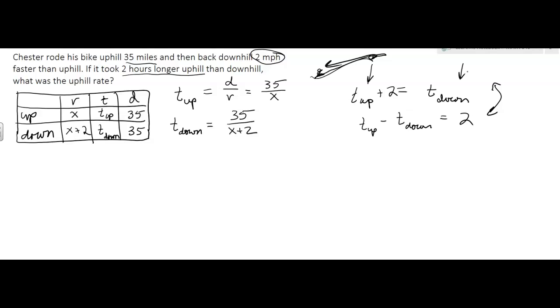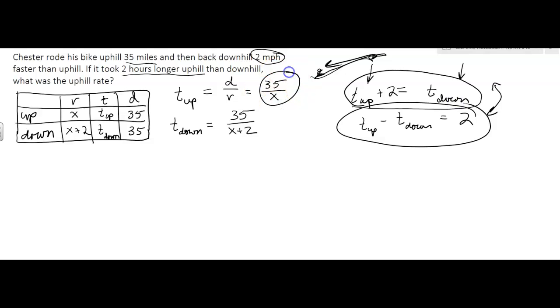Okay, so I'm going to use this idea right here, I think. I'll use this one. Okay, so my uphill, that was 35 over x minus the downhill, which is 35 over x plus 2. And all of that has to equal 2. Okay, so I went with this subtraction case. I just had to pick.